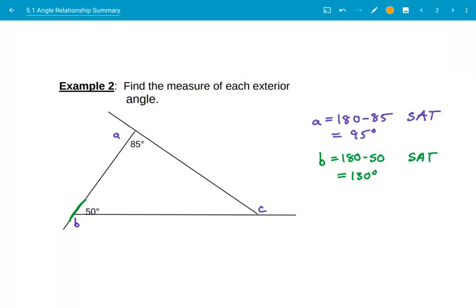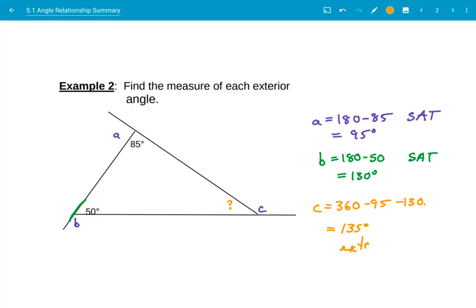We could go ahead and get this angle and then use supplementary angle. But then what do A, B, and C all have to add up to? Well, 360. Okay, so we can do 360 minus the 95 minus the 130. And that is equal to 135 degrees.